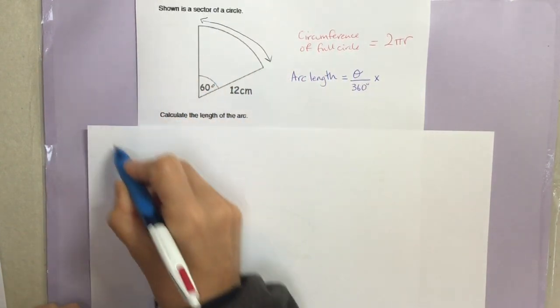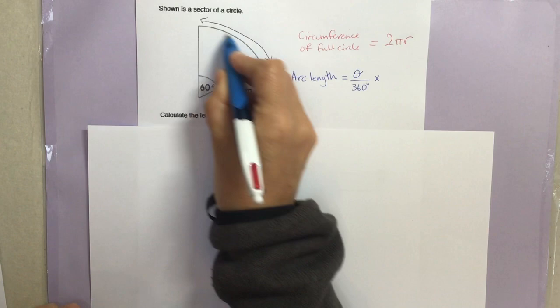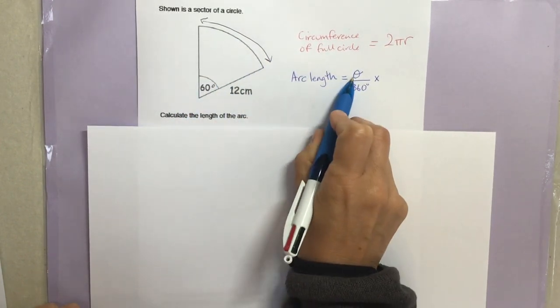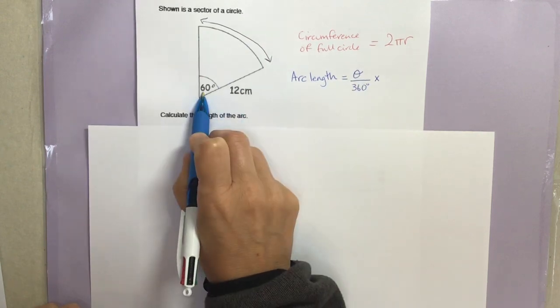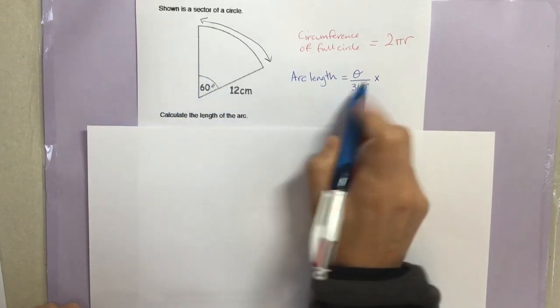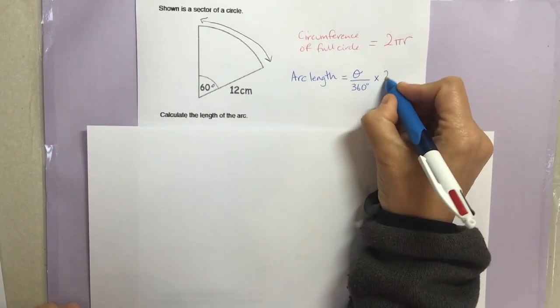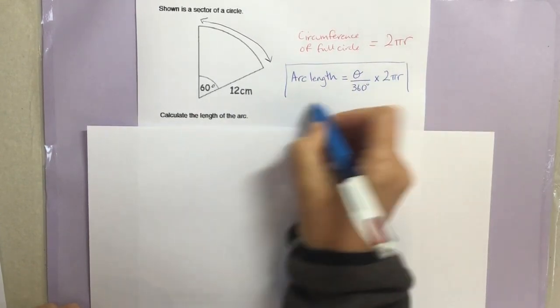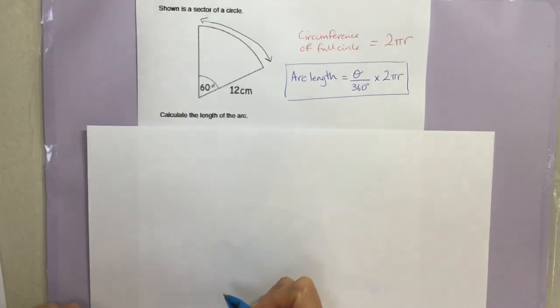So if I know the full circumference of the circle, I just want this fraction, it's going to be the same as this fraction of 360. So theta, the angle of the sector, over 360 times by the circumference 2 pi r. So that's our formula that we need to know and we're going to use throughout these questions today.